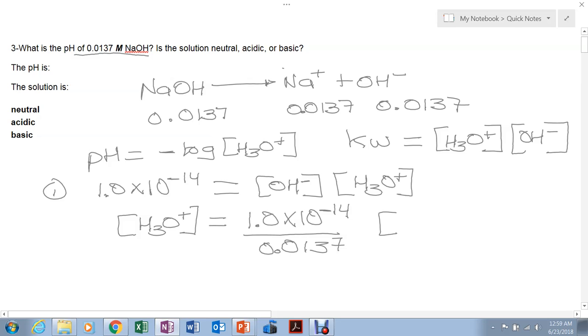So the concentration of hydronium is 7.299, which is 7.30 by 10 to the minus 13.